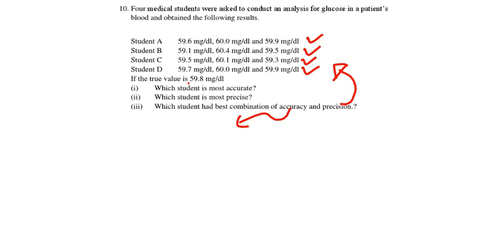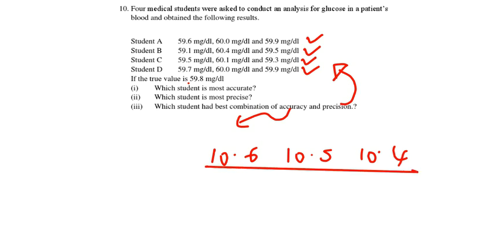So if I'm going to take measurements of 10.6, 10.5, 10.4, I could say the measurements were precise. They are close to each other. But if I compare these values to the true value, they are very far from it. Despite them being precise, the values are not accurate. I think that's the difference that you should get.